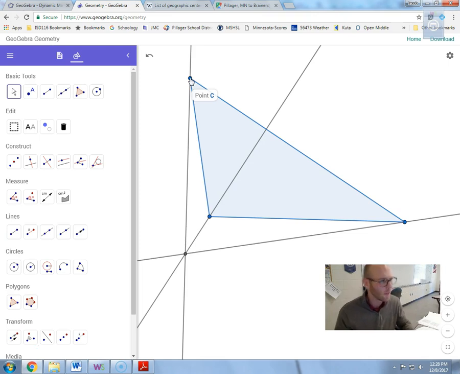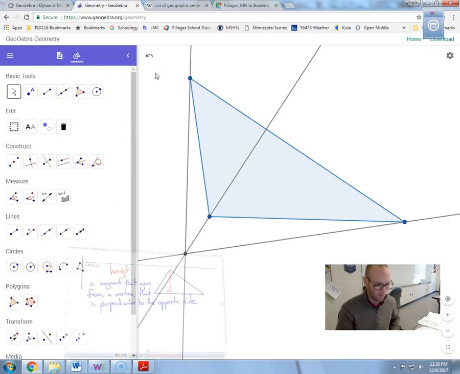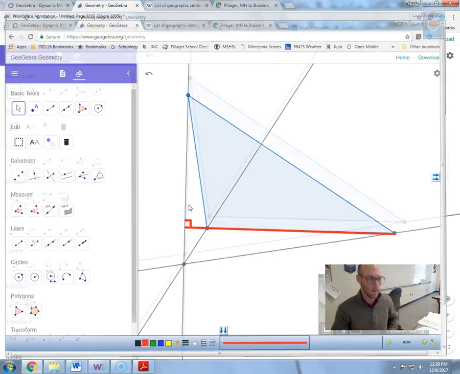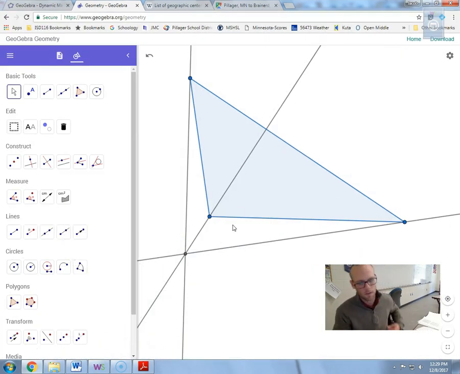We have to go through this vertex and be perpendicular to that side. Where's that going to happen? Well, that's only going to happen when I take my side and I extend it out. Okay? It intersects right there. So our altitude does not have to be contained inside the triangle. Okay? You have to extend the sides.